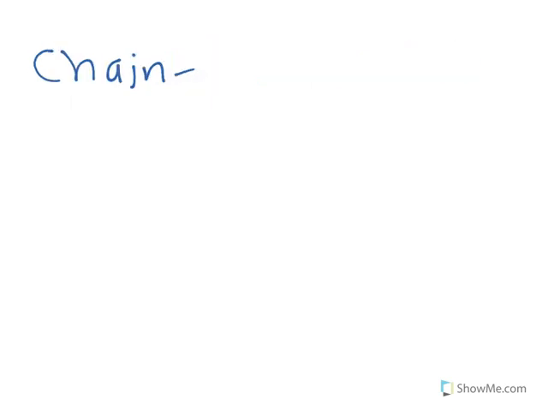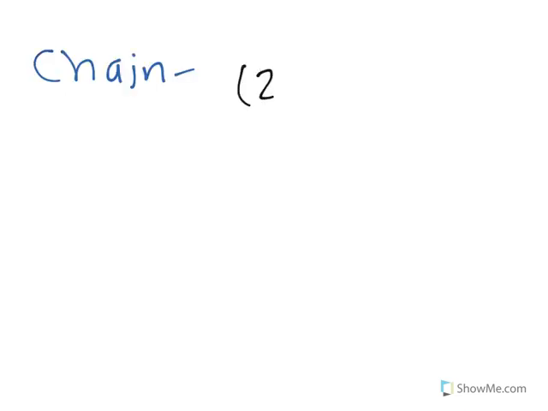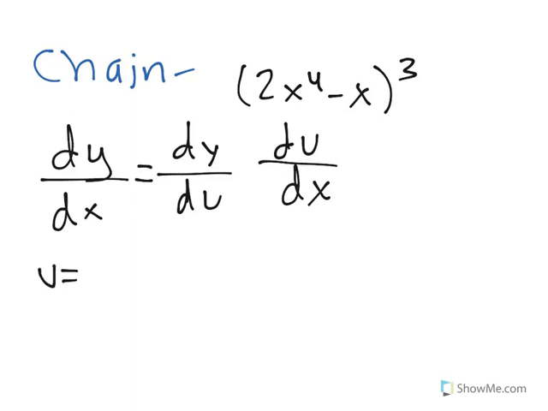Using the chain rule, as you might recall, the chain rule says that dy over dx is equal to dy over du times du over dx. This looks very similar to a problem that we already did. We could just define u to be 2x to the fourth minus x, and so y is just equal to u cubed.